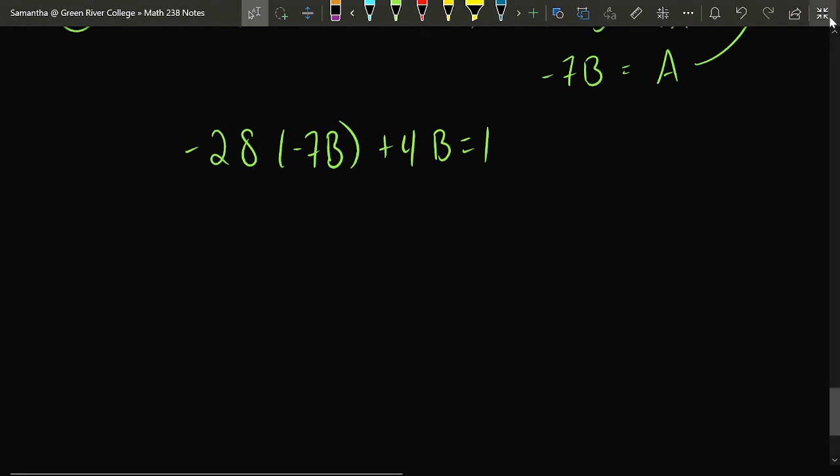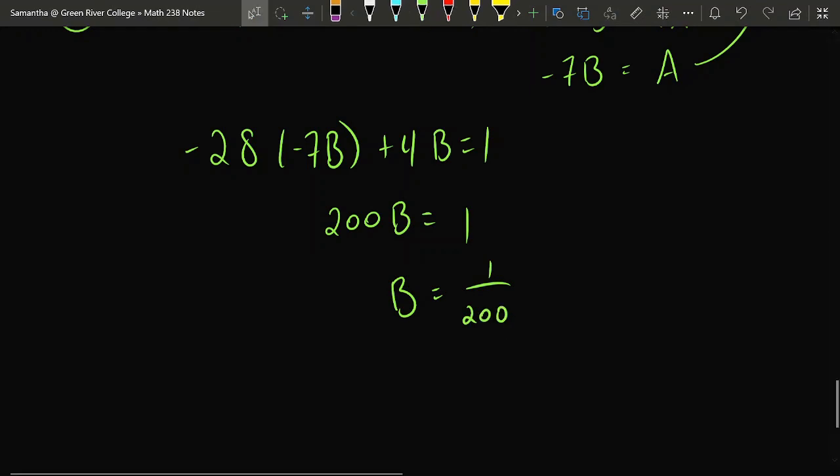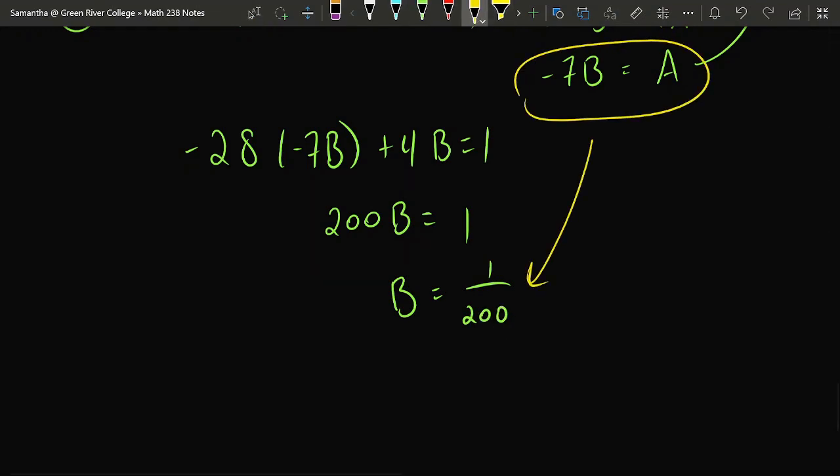Calculator time, hold on. So that works out to be 200b equals 1. And therefore b is equal to 1 over 200. Now if I combine that with the fact that a is equal to b times negative 7, that means that a is equal to negative 7 over 200.